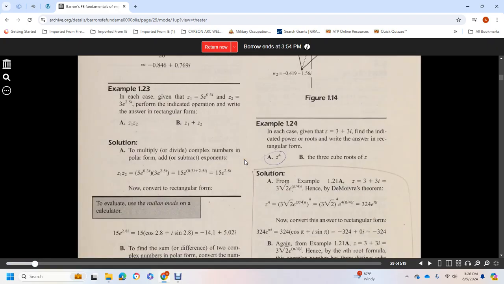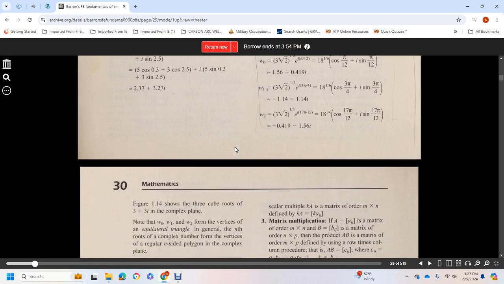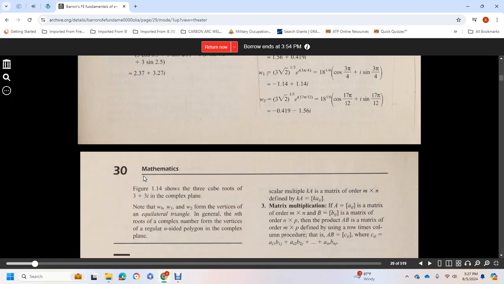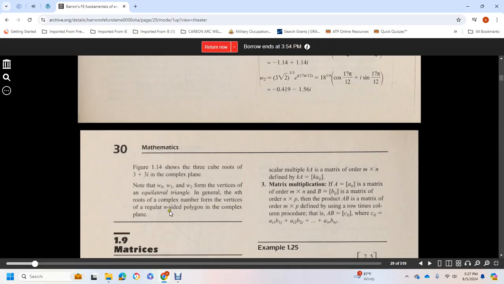And it goes into some examples. Note that w, z1 and z2 are vertices of an equilateral triangle. In general, the nth roots of a complex number form the vertices of a regular n-sided polygon in the complex plane.